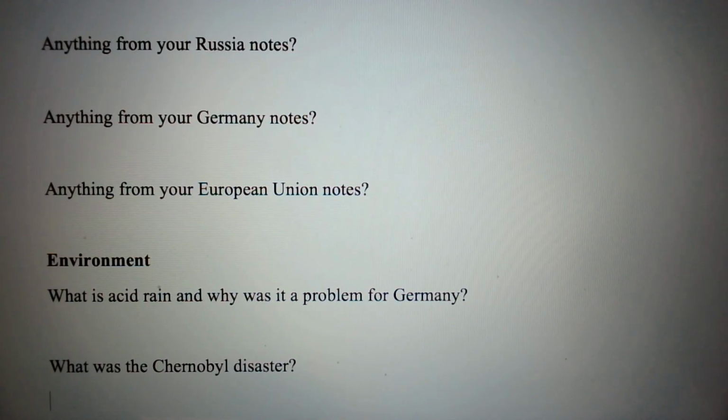Anything from Russia notes. Again, remember Vladimir Putin, the guy who has way too much self-confidence in his own appearance? All right, if you guys remember that, because he always had those pictures of him shirtless doing manly things. All right, well, we're talking about Russia, so you need to go back and look at Russia and go, oh, okay, wow. I'm looking at Russia. I remember that oil is the lifeblood of the country.